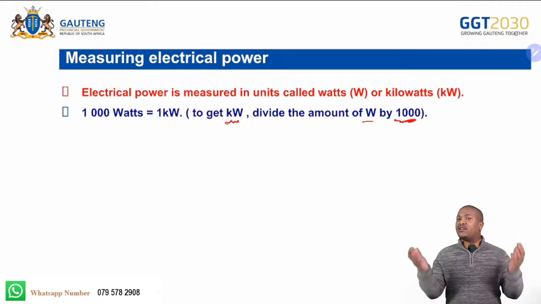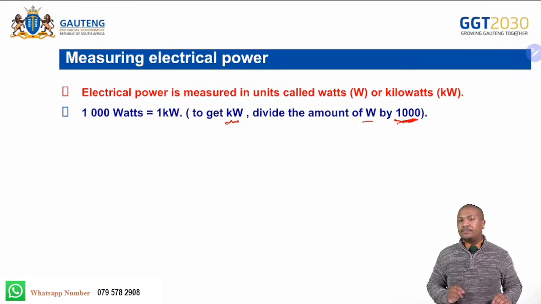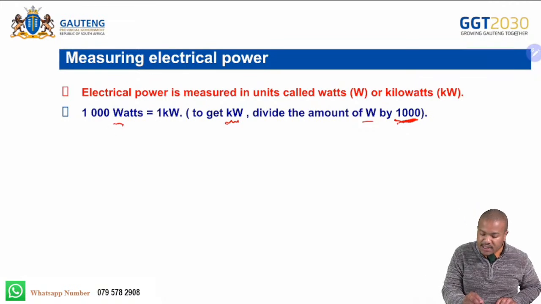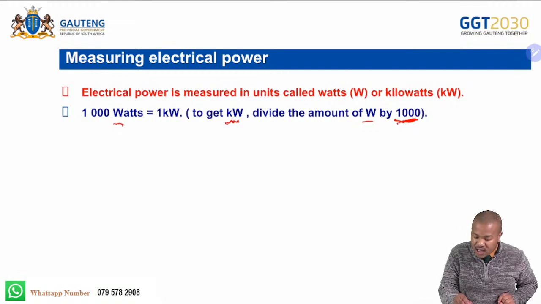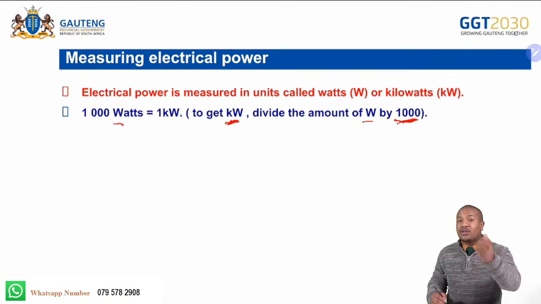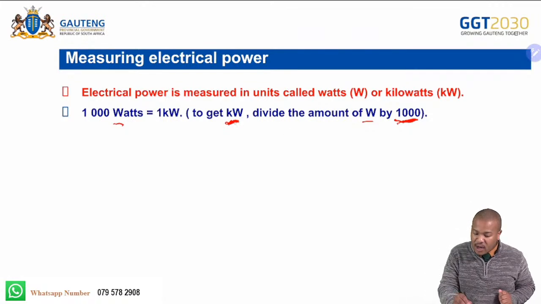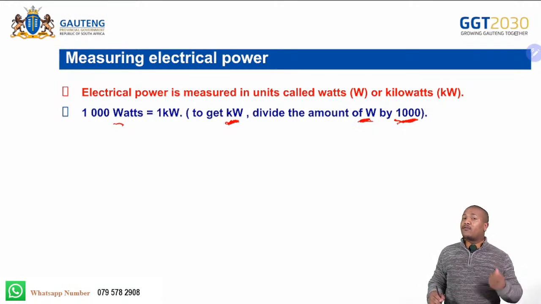So to look for the differences, the number here is 1,000. So 1,000 watts is equal to 1 kilowatt. So to get a kilowatt, we divide the amount of watts by 1,000. Sorry, not 1,000 rand, by 1,000. So if we need to get watts, it means we multiply by 1,000 to get from kilowatts to watts.